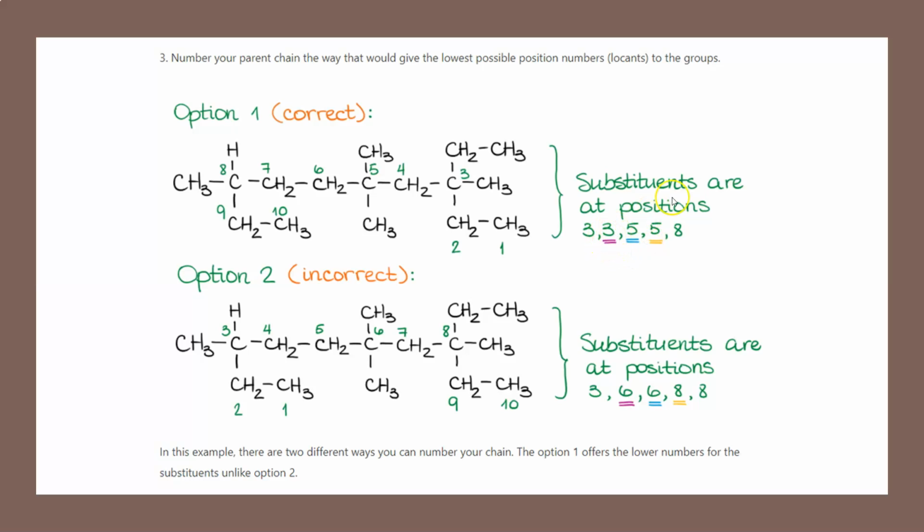For example, this is the correct one because you have here 3, 3, 5, 5, while here is 3, 6, 6. You choose the one where the substituents are closest to one of the ends of the chain.